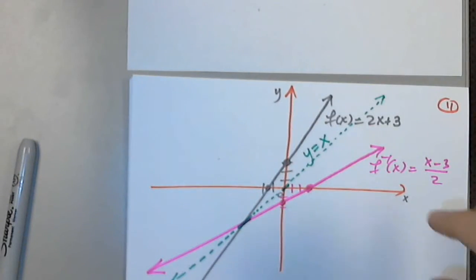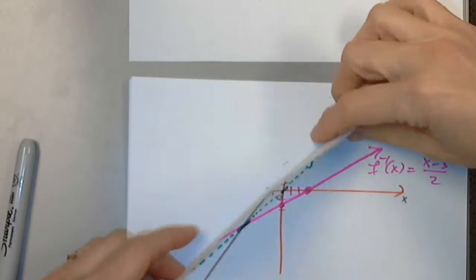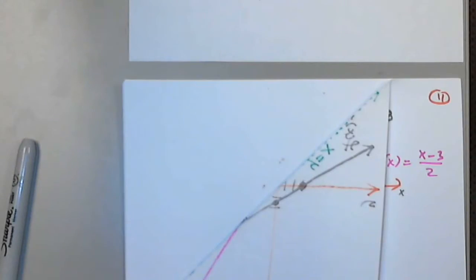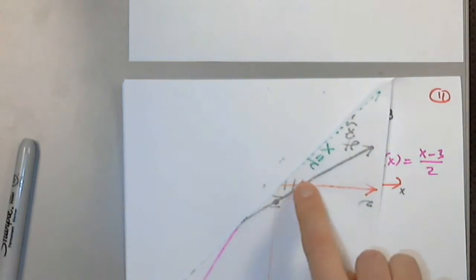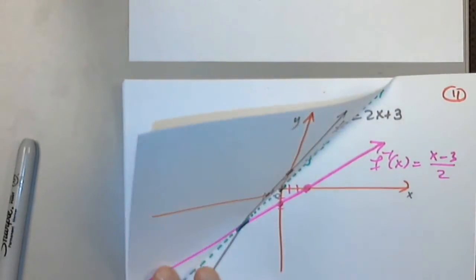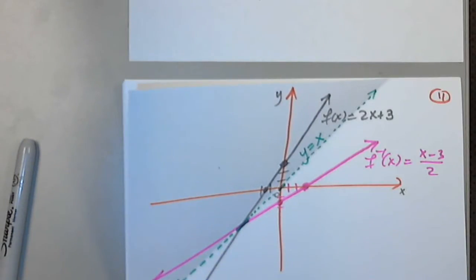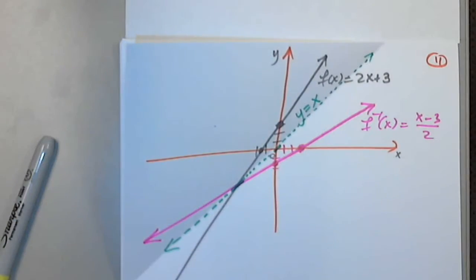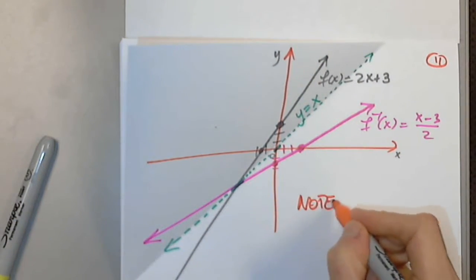Here's what happens. Can anyone explain this? What's happening here with the graph of f and f inverse? I'm going to write a note and you'll put the word I'm missing.